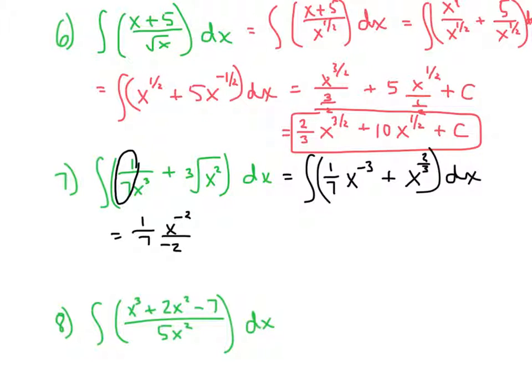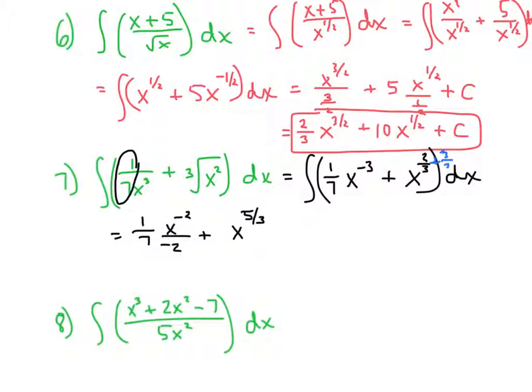Okay, then the integral of x to the 2/3, well, I'd have plus x to the, all right, I'm adding a 1 to 2/3, which is like adding 3/3, which of course is going to give me x to the 5/3 divided by.